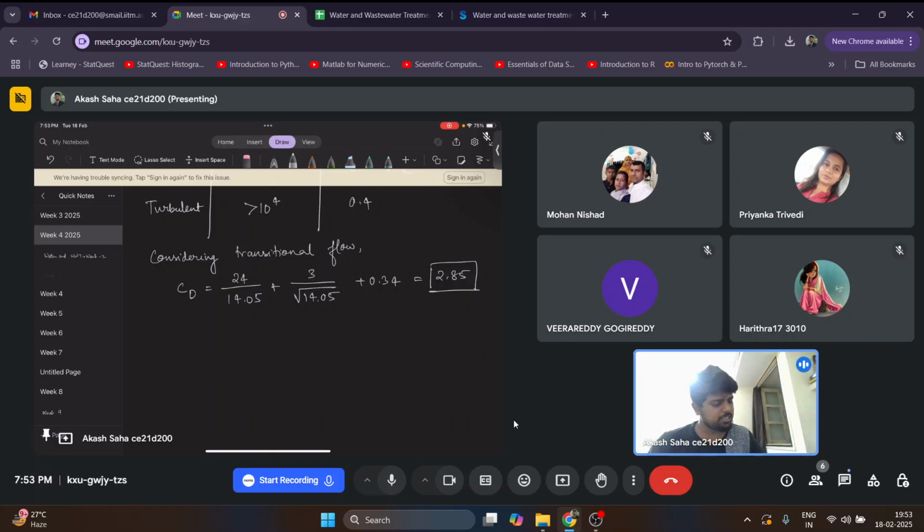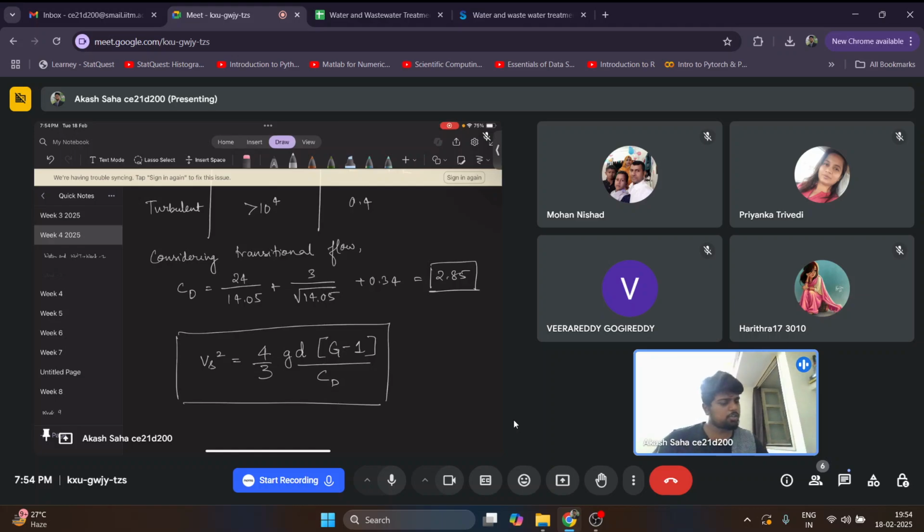The general equation is Vs square is equal to 4 by 3 g d into (G minus 1) by CD. Or you can also write it as Vs is equal to root over 4 by 3 g d into (G minus 1) by CD.